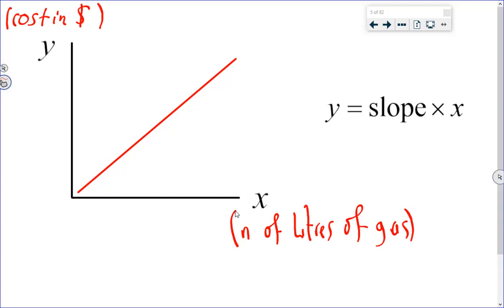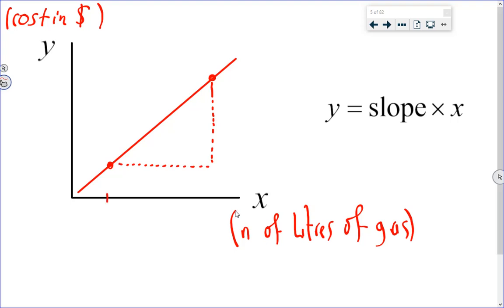And the idea behind this being a straight line can be summarized by simply saying, if you were to have twice as many liters of gas that you're buying, you're going to pay twice as much. And the slope of the line has some physical meaning. If we were to find the slope of this line, and let's just say, I'm going to make up some numbers here that may not be reasonable at all, okay?